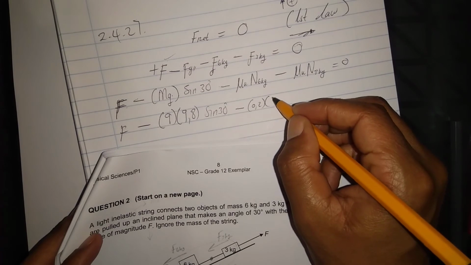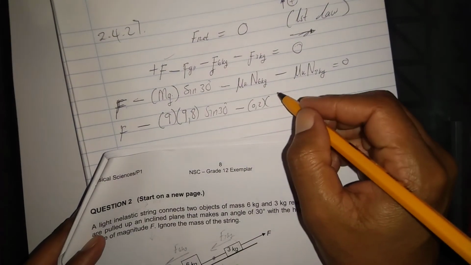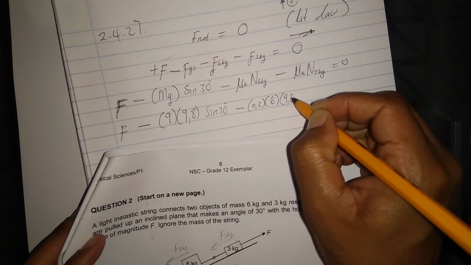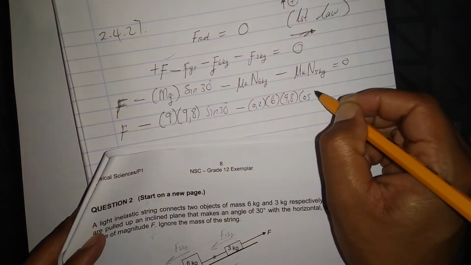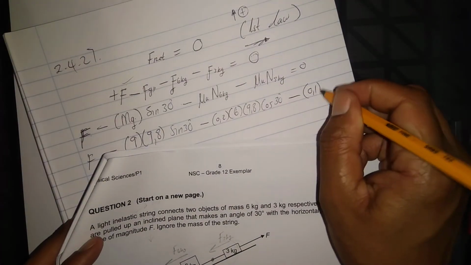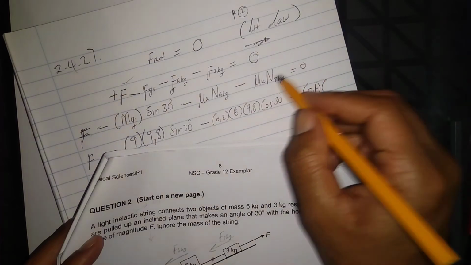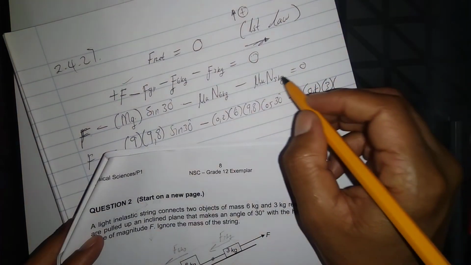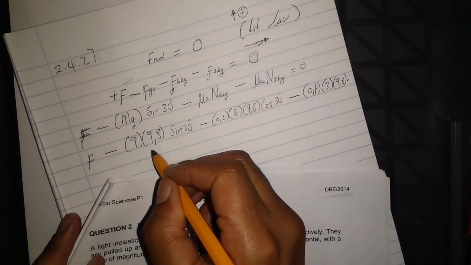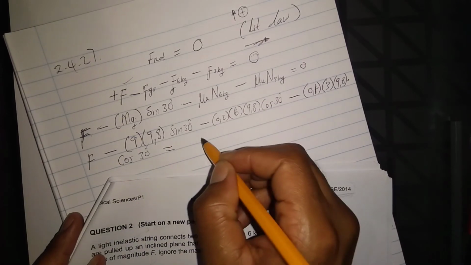The normal force for the 6 kg block, as I've seen on the previous questions, is 6 times 9,8 cos 30 degrees, minus 0,1, which is mu k now, times the mass, which is 3, times 9,8 times cos 30 degrees again, equal to 0.